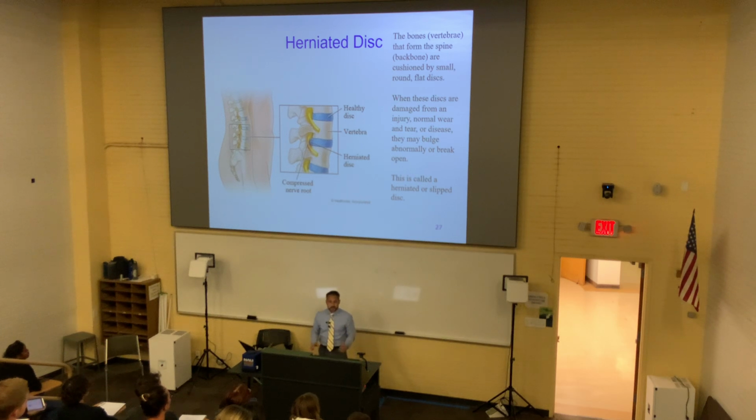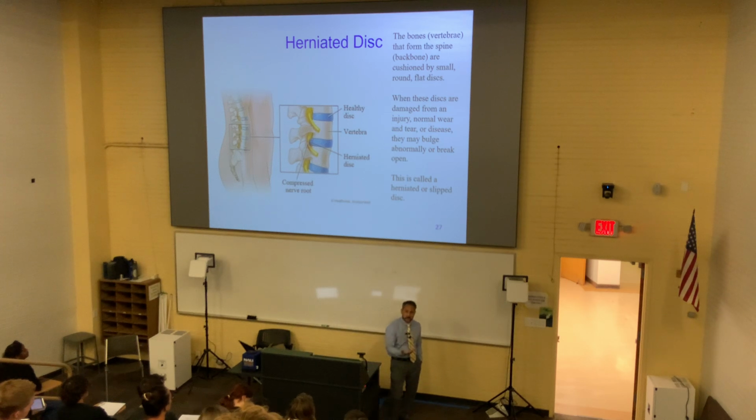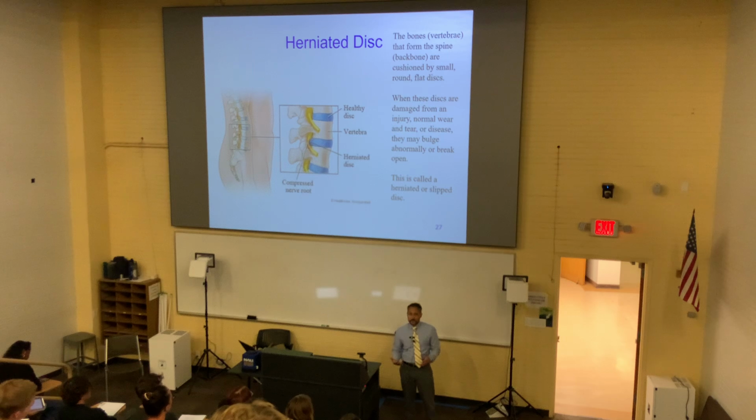But these discs get damaged under injury from normal wear and tear, or disease, or excessive force production. Like in our elderly population, a lot of our occupational therapy, our home physical therapy will tell our older patients, if you need to pick something up, don't twist and bend, right?